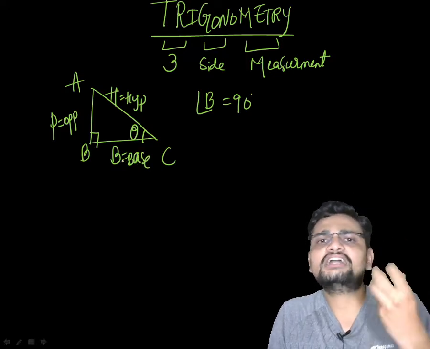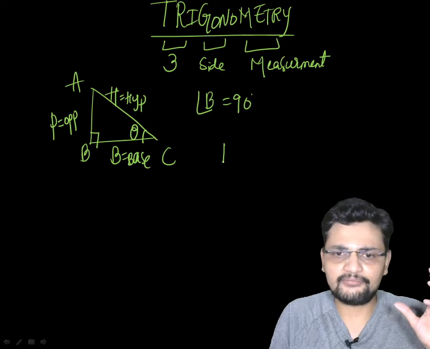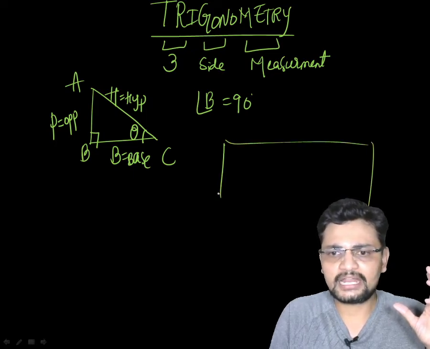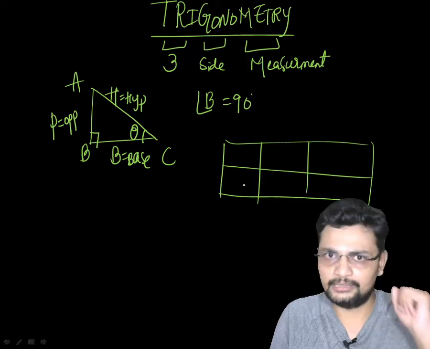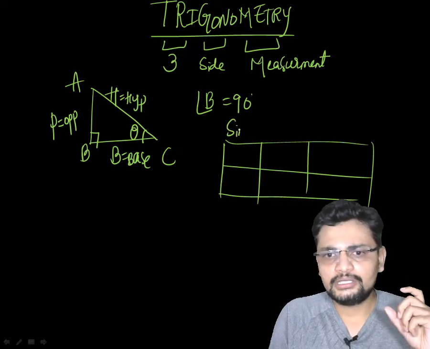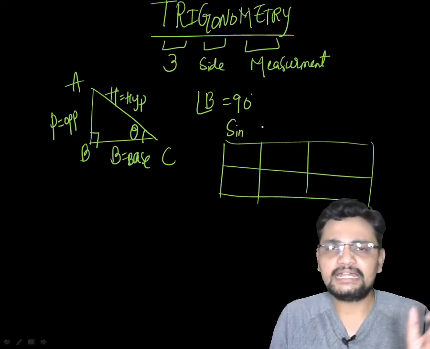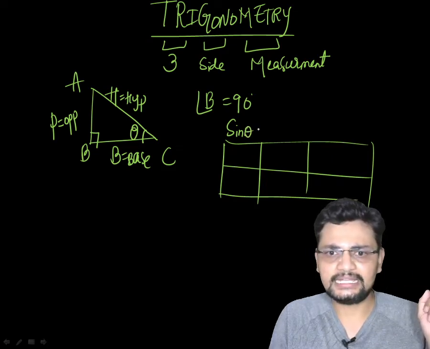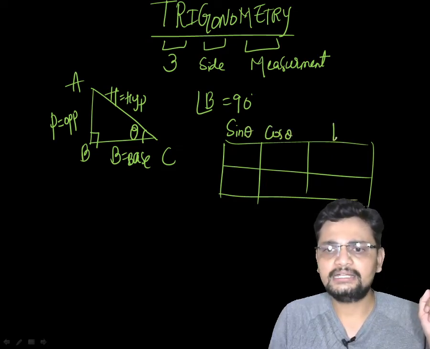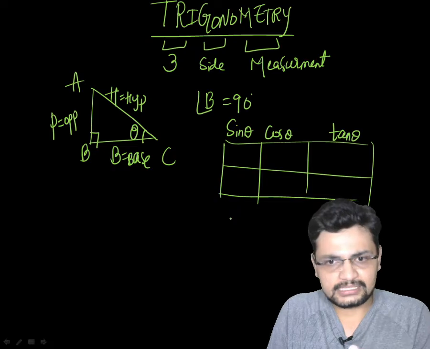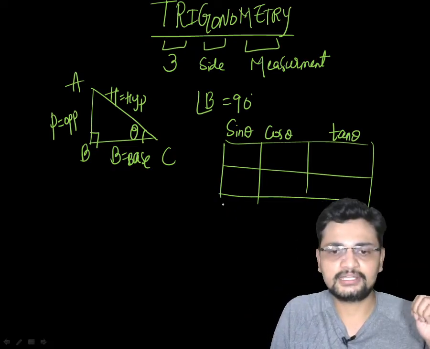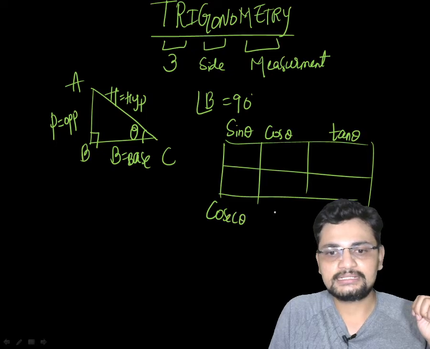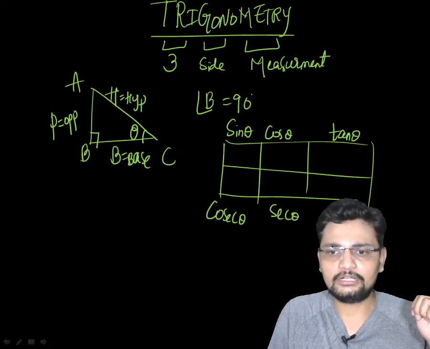Now, just for our convenience to remember it in a better way, all 6 trigonometric ratios can be remembered with the help of this simple table. Here at the top, I will write 3 ratios, that is sine theta, cos theta and tan theta. Whereas in the second row, I will be writing the remaining 3 ratios, that is cosec theta, secant theta and cot theta.